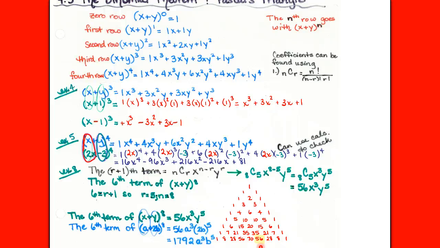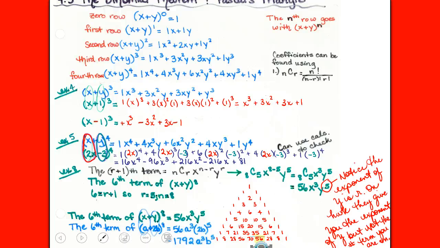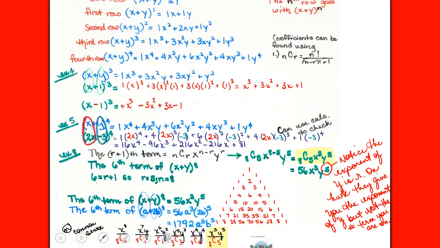If I don't want to get my coefficient that way, then I could go through and I literally could just give myself some little blanks. And I could say, okay, when I'm dealing with the 8th row, I know that's going to go 8C0, 8C1, 8C2, 8C3, 8C4, 8C5.